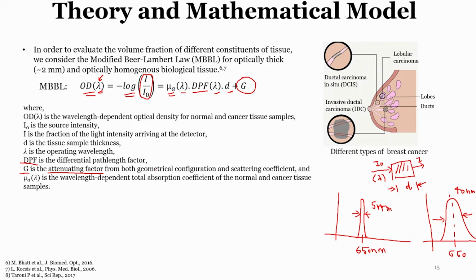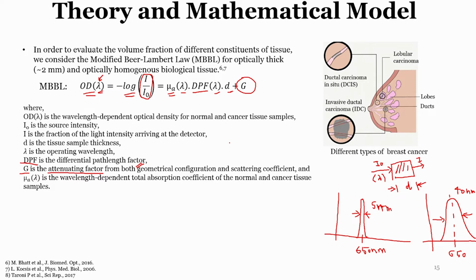So we will try to remove this term out of the equation, and the way to do that is we are going to make a lot of assumptions. The first assumption is that the geometrical configuration for all these measurements is going to be the same, and the scattering which is going to occur is also going to be similar.